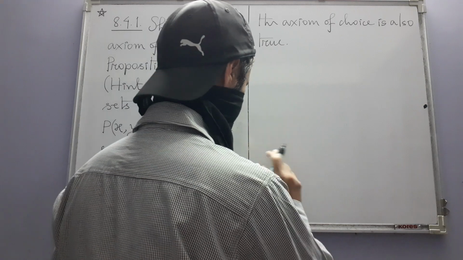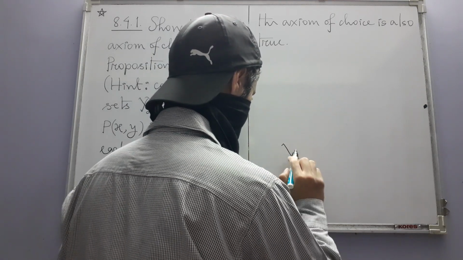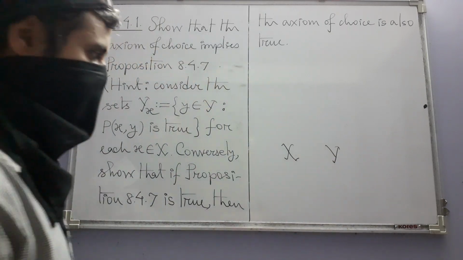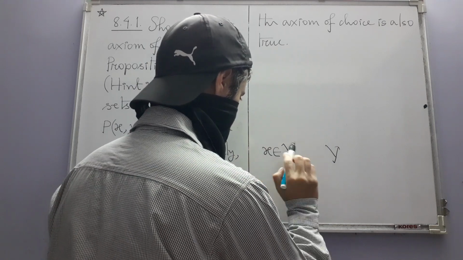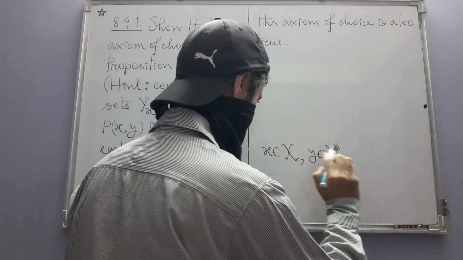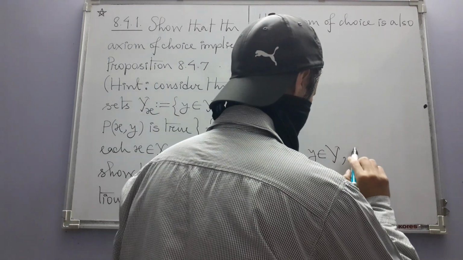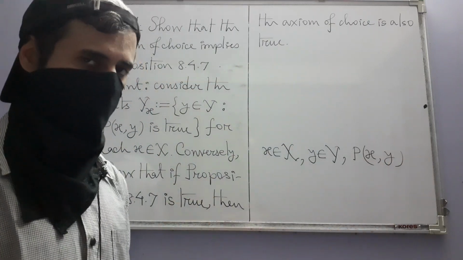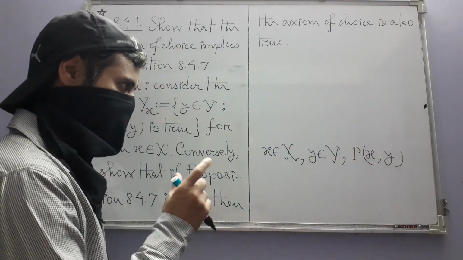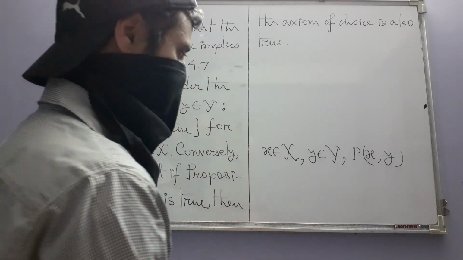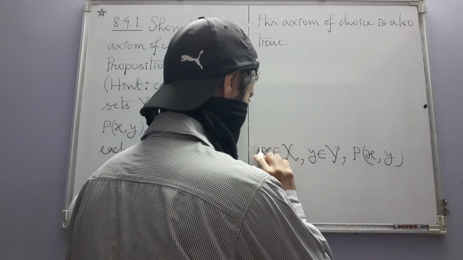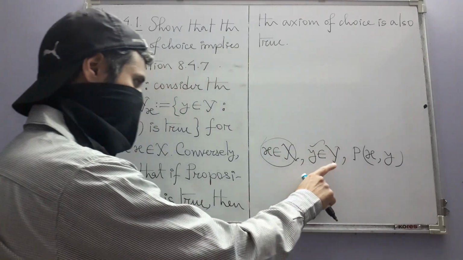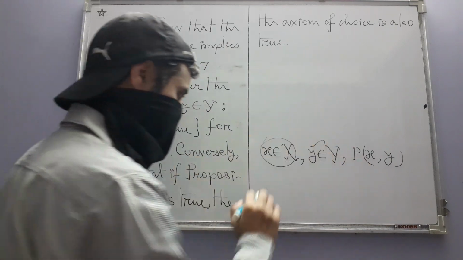In 847, the thing is just this: we are given two sets x and y such that for each element x in x and each element y in y, there is a statement p of x comma y that depends on x and y, of course, such that there is a condition that p satisfies, namely that for each element x in x, there is at least one element y in y for which this statement is true.